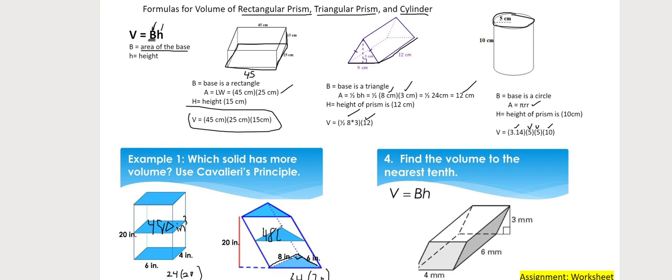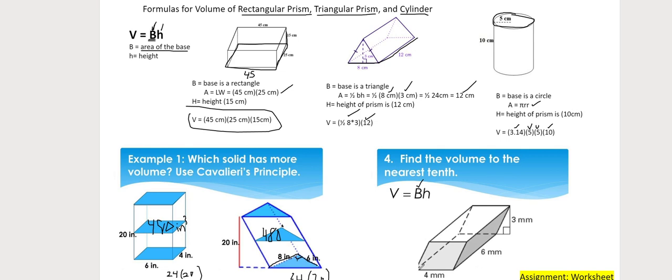Okay, so this is Cavalieri's principle. Again, if the two base areas are equal to each other, then what do we have? We have that they have equal volume. Okay. And then to find the volume to the nearest tenth, again, we're using the formula big B, which is the area of the base, and then times the height. Okay.